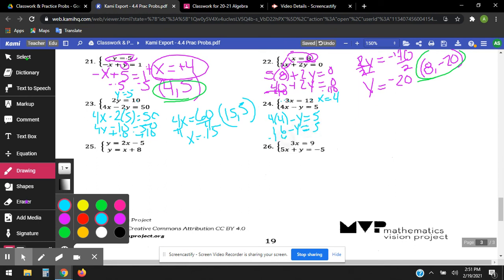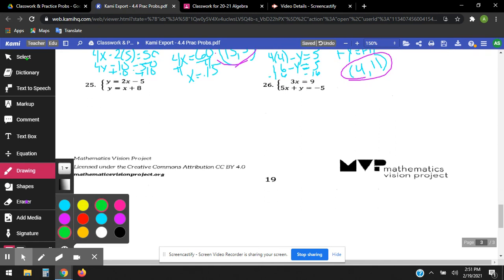So minus 16 minus 16, negative y equals negative 11, which means I can cancel out both of my negatives, dividing by negative 1. So x equals 4, y equals 11. So here's my answers for those two. Let's do the last one.